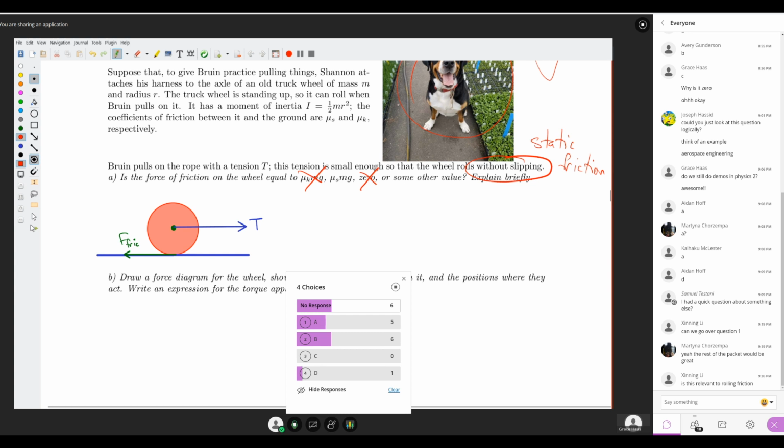So when we say rolling friction, what we mean is, imagine that you had a bicycle and you rode your bicycle somewhere with no air. So you took away air resistance and you ride a bicycle over flat ground. Your bicycle wouldn't keep rolling forever.